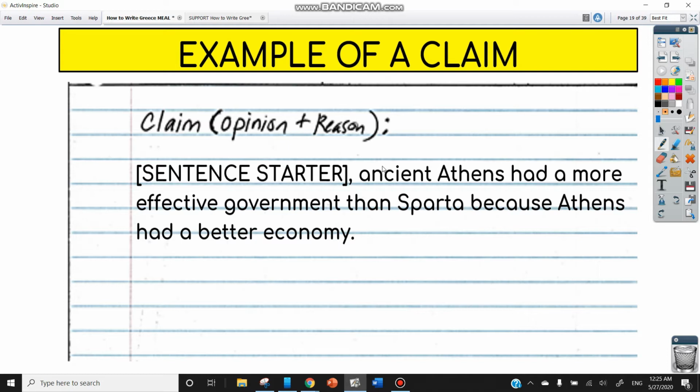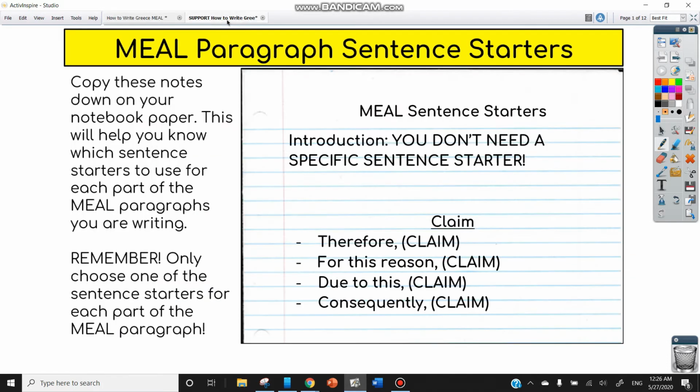Ancient Athens had a more effective government than Sparta because Athens had a better economy. And so you'll just choose the sentence starter that you like the most. So right here, you'll see these are different sentence starters. Maybe I'll say this and think, okay, I want to choose this one, for example. Okay, and that's the one I will include.